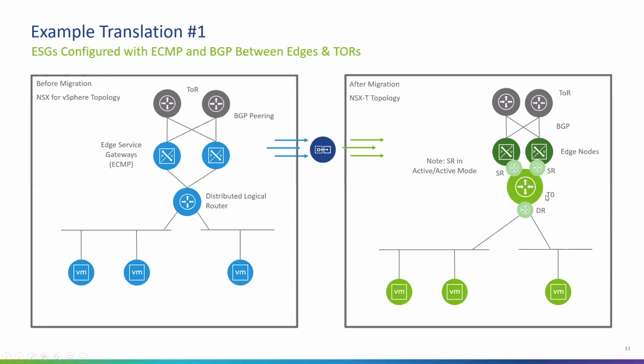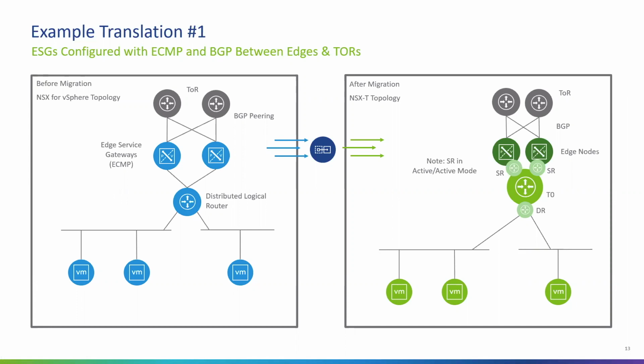But the tier 0 in NSX-T also has a distributed routing component. So this single tier 0 gateway has distributed routing that works very similarly to how the distributed logical router works. And it also has a service router component that does the north-south BGP neighbor relationship to the physical side as well.